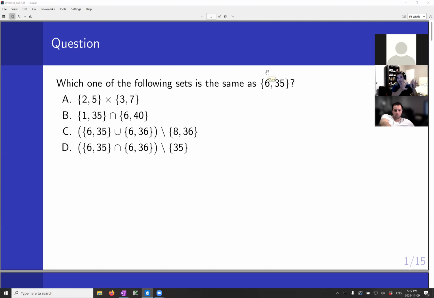We're trying to say we're going to take the union, look at answer C, for example. We're going to take the union first, and then we're going to subtract from that union the set 836, right? Whereas if I didn't have those parentheses there, it might be a little bit ambiguous. Am I taking 635 and then unioning it with 636 minus 836? What is the order of operations?